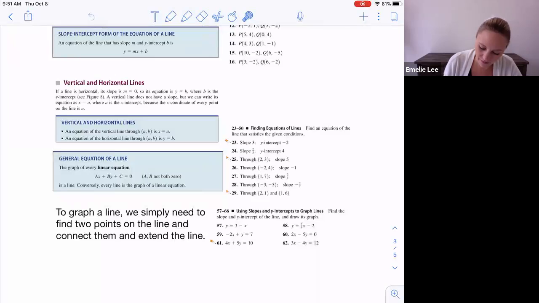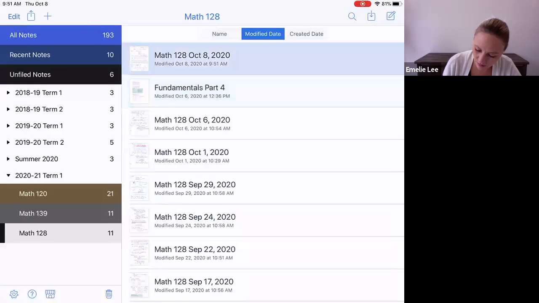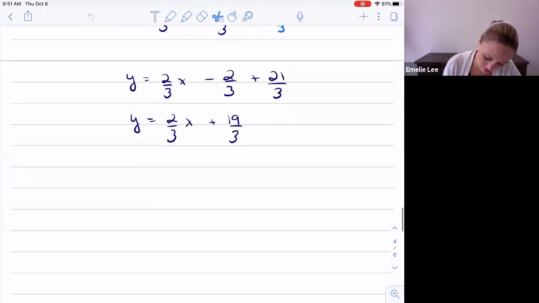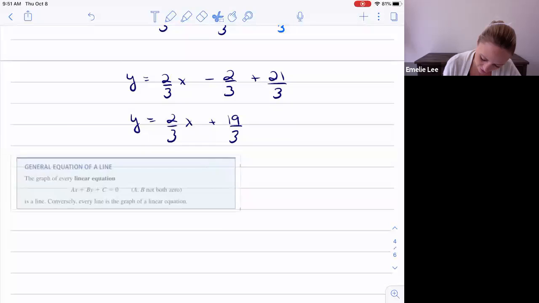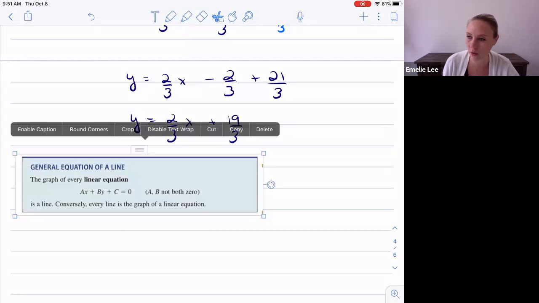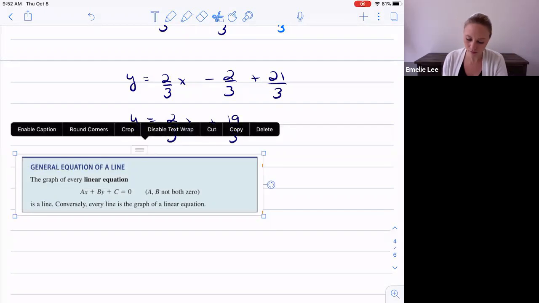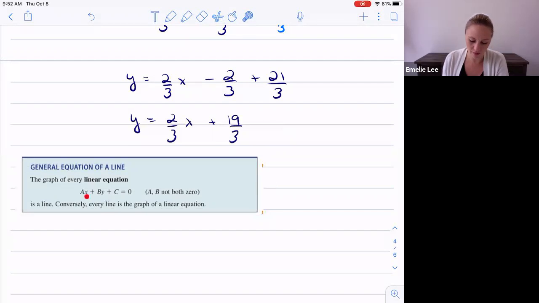So the general equation of a line is actually not y equals mx plus b. It's of this form, right? The general equation of a line has the form ax plus by plus c equals 0, right?